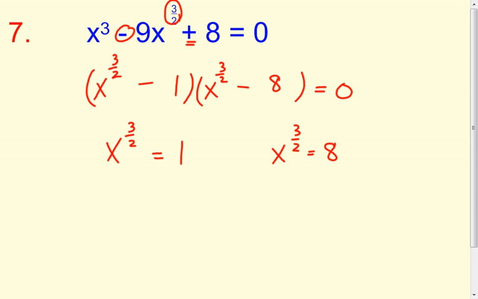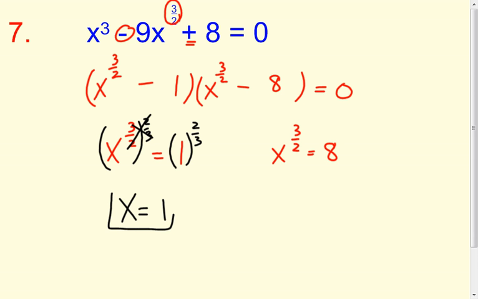Okay? Now, to undo this, you're going to use the reciprocal, so you're going to go to the 2/3 power. So boom, boom, like that. And of course, 1 to the anything is simply 1. Okay, so that's not a problem. And again, you should check that. And then over here, when I take this to the 2/3 power, and of course you can use your calculators to help you if you don't want to do this by hand, but you certainly can do that.